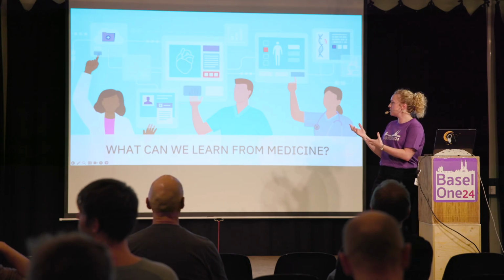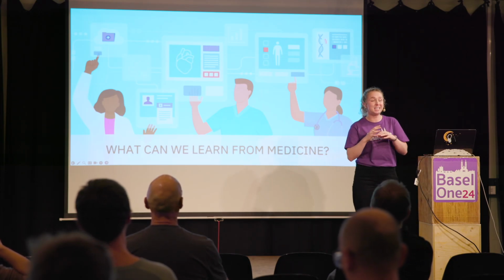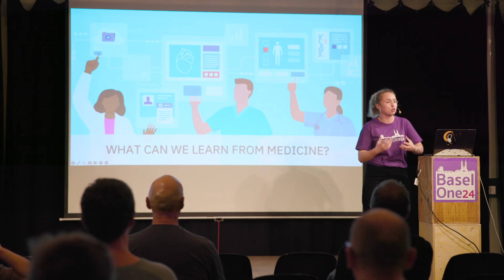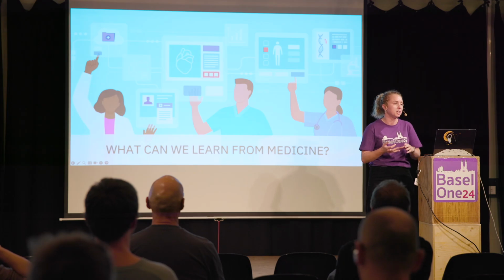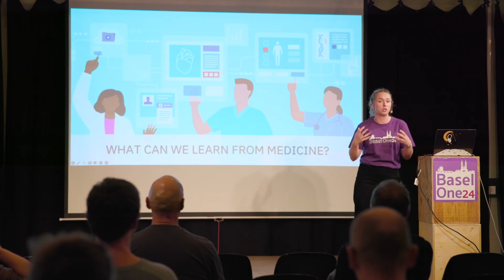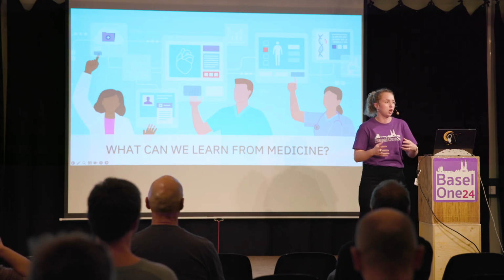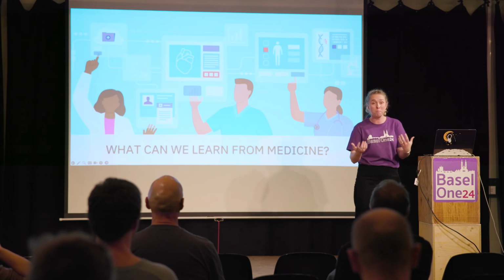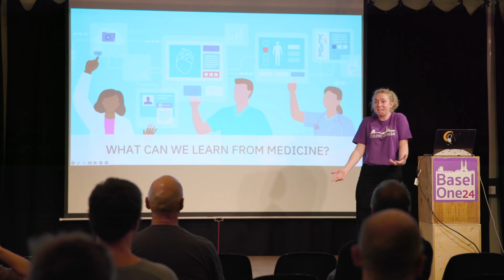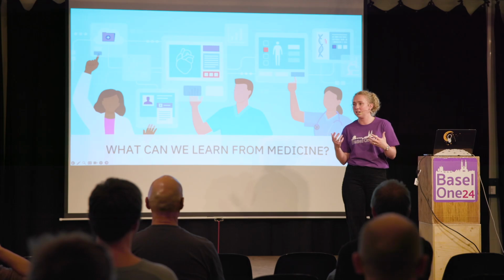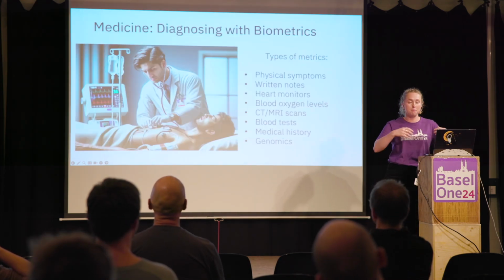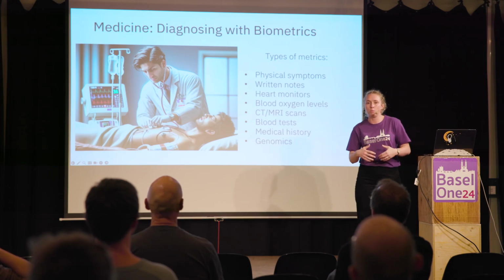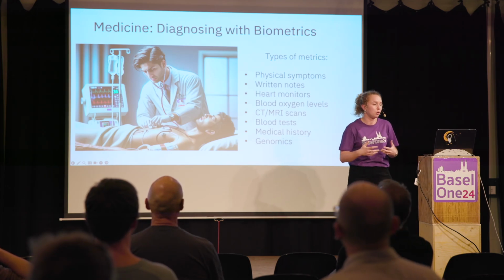When it comes to medicine, doctors spend years studying and training to be able to accurately diagnose ailments, illnesses, and potentially terminal conditions. It takes them a very long time to understand what is a very complicated machine. The human body is a complicated machine at the end of the day. So being able to understand from biometrics what's going on within that body is a very complicated topic.